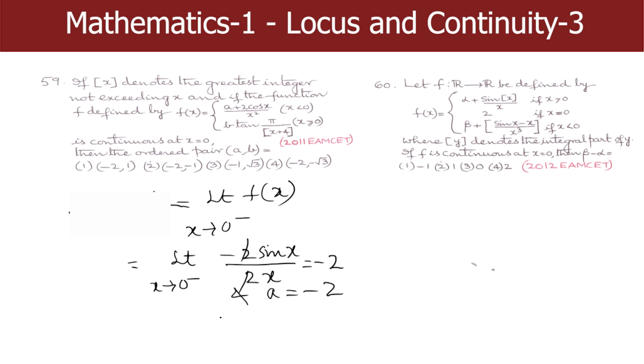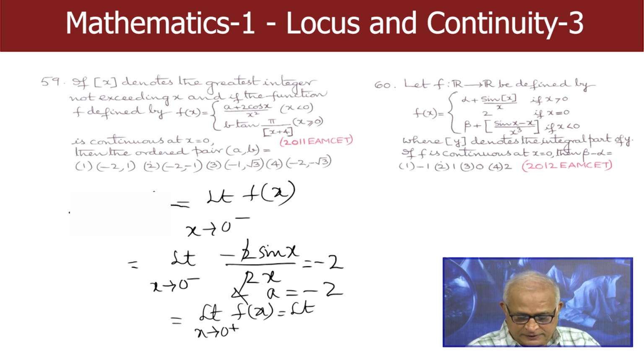And this is equal to the limit of f(x) as x tends to 0 plus. Okay, f(x) as x tends to 0 plus. When x tends to 0 plus, this is the limit of b times tan(pi by (bracket x plus 4)).